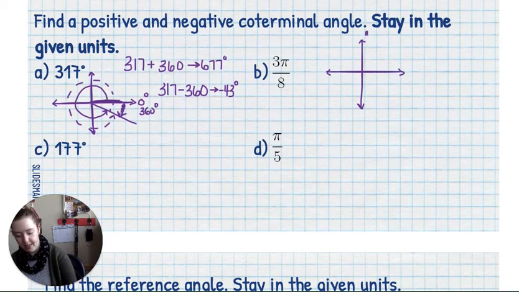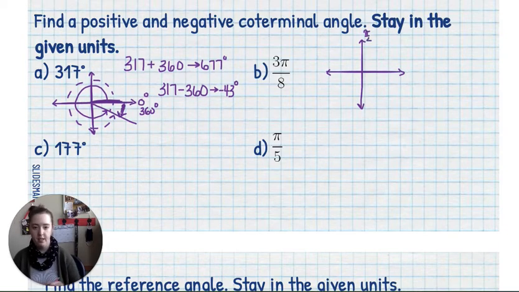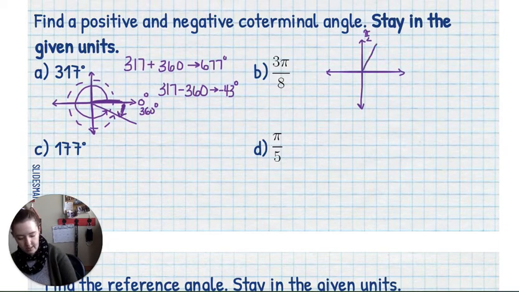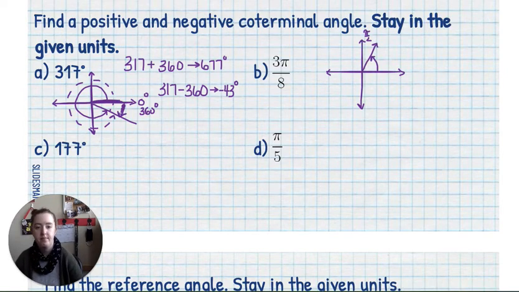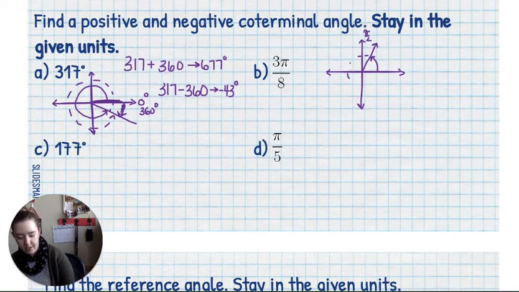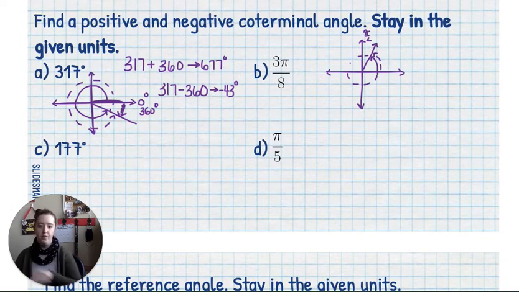Pi over 2 is right here. So I know this is going to land somewhere in this area. So I could keep on going around the circle, do one full revolution and match up at the same spot.